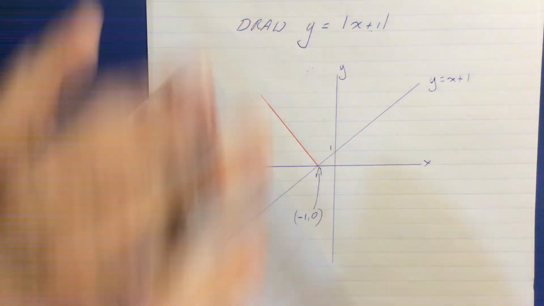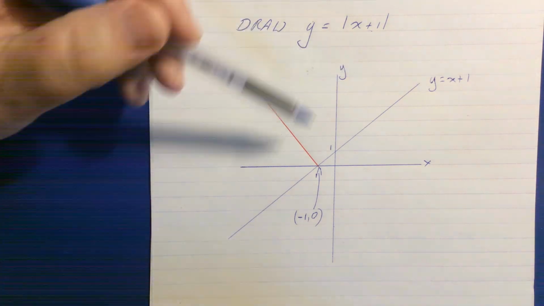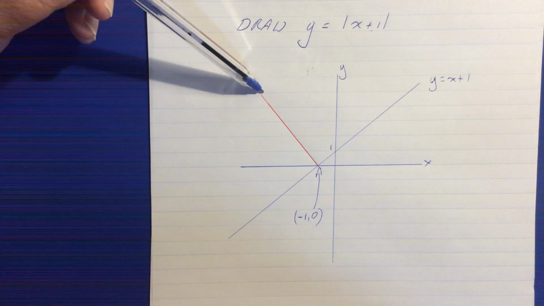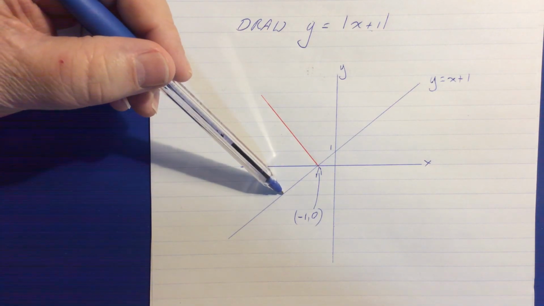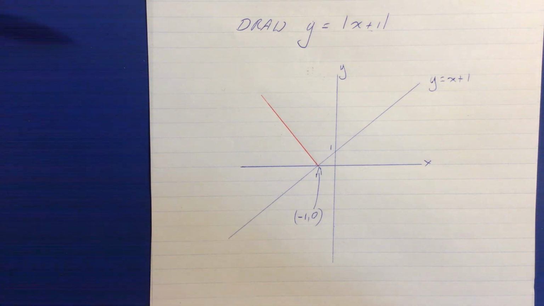So, there are a couple of ways of talking about this. First of all, we could say that this part of the function is a reflection of this in the x-axis, which is very true.